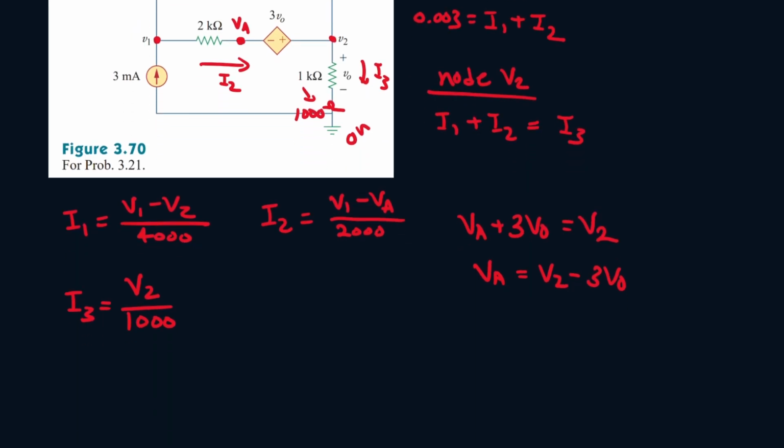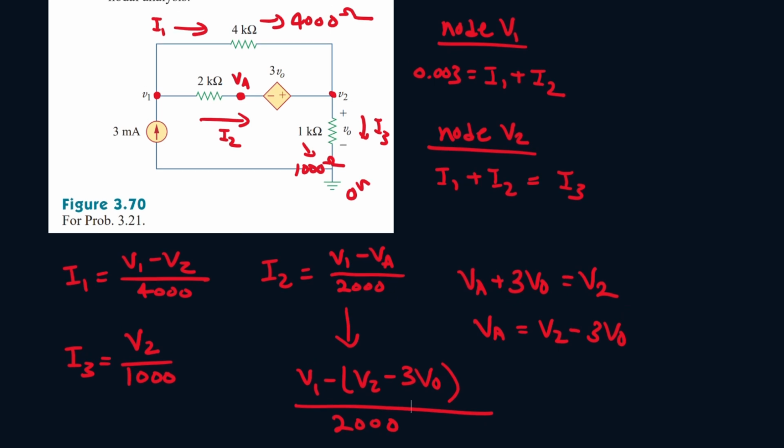So now we can plug it in. This becomes V1 minus (V2 minus 3 VO) all over 2,000. But now let's find a way to get rid of this VO. Well, we actually see VO is going to be equal to V2, because since this is the ground node, it's going to be 0 volts.